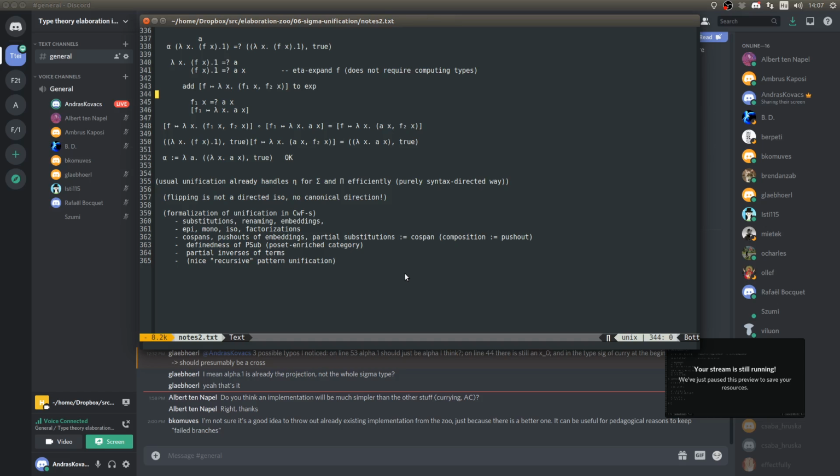But I think I can just link to the unification paper. Or I can link to the Agda source code, which is a bit heavy, but I can link to the paper, definitely.